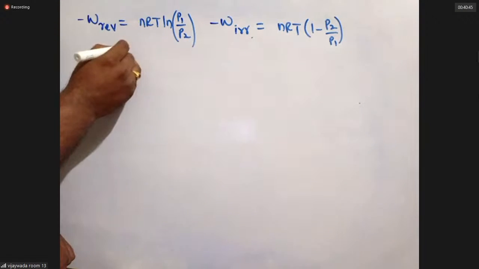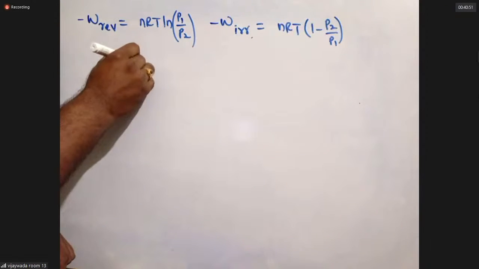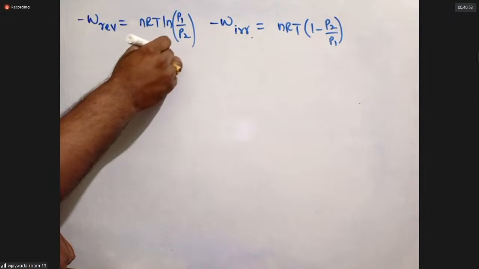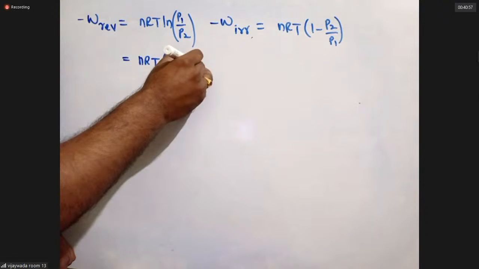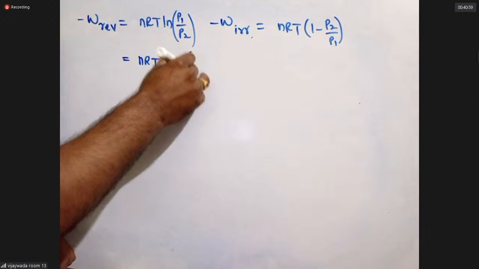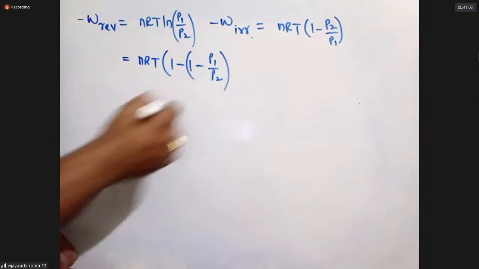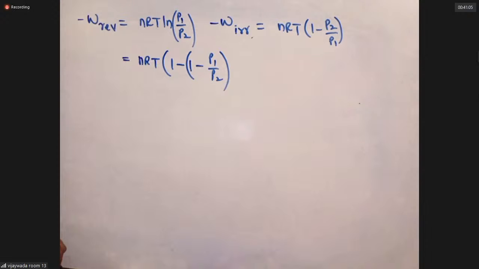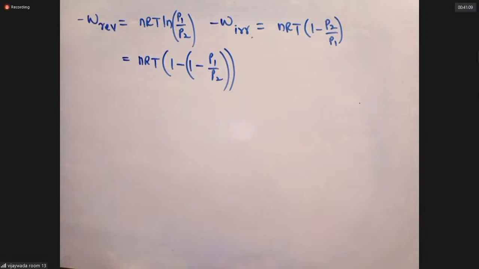Can I write this equation, students, here with base e? That's why I'm not writing 2.303. It is base e. Can I write this equation as nRT into ln of 1 minus, 1 minus P1 by P2? Can I write it like this? The 1s cancel, remaining will be P1 by P2.